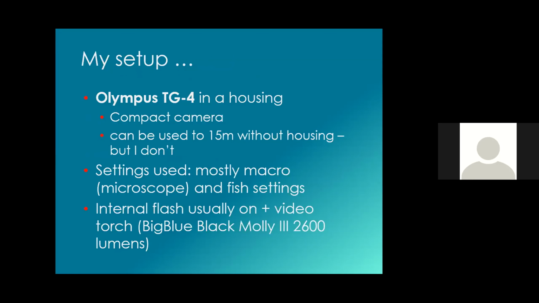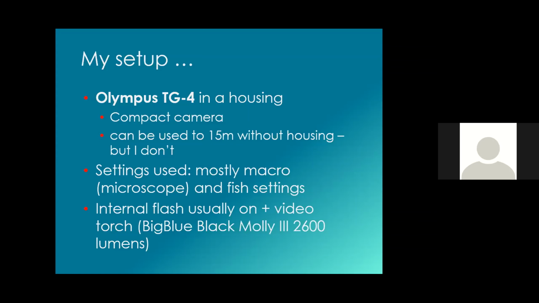I'm just taking you briefly through this, Martin will take you through the photography section properly. I'm using about a 5-year-old Olympus TG4. I use it in the housing. It's a compact camera which can be used to 15 meters without housing, but I can't find the buttons with my fingers without the housing, so I don't use it other than in the housing.